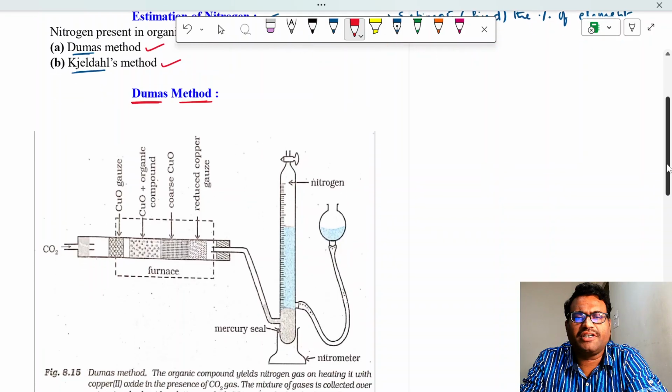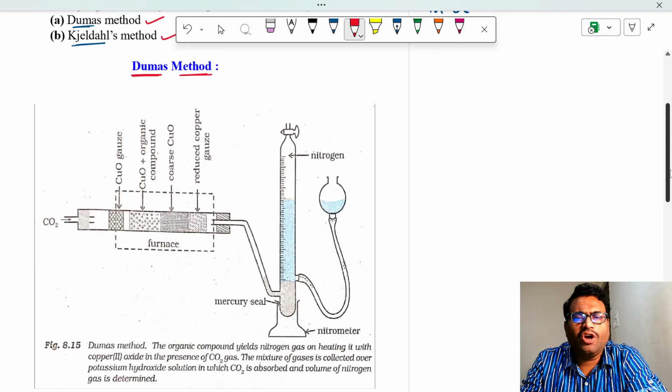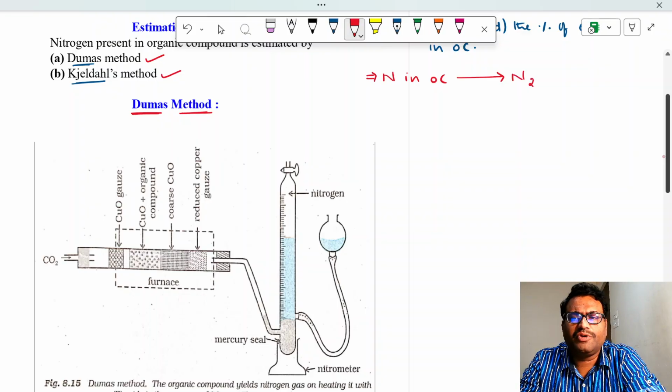What is Dumas method? In Dumas method, nitrogen present in organic compound is converted to molecular form of nitrogen. What is this N2?